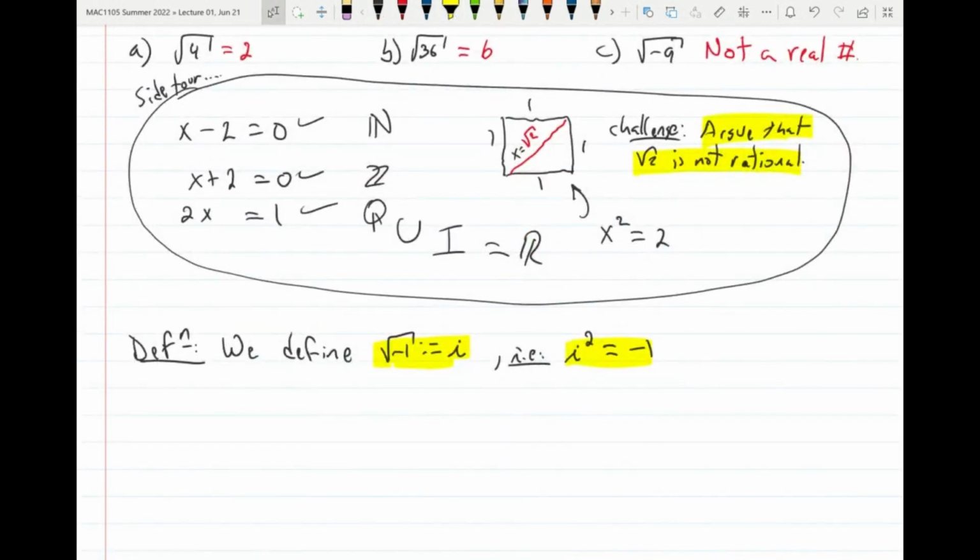So i is a symbol so that when you square it, you get -1. Do you understand this? Okay, we call it the imaginary unit. And this is used a lot, for example, in physics.